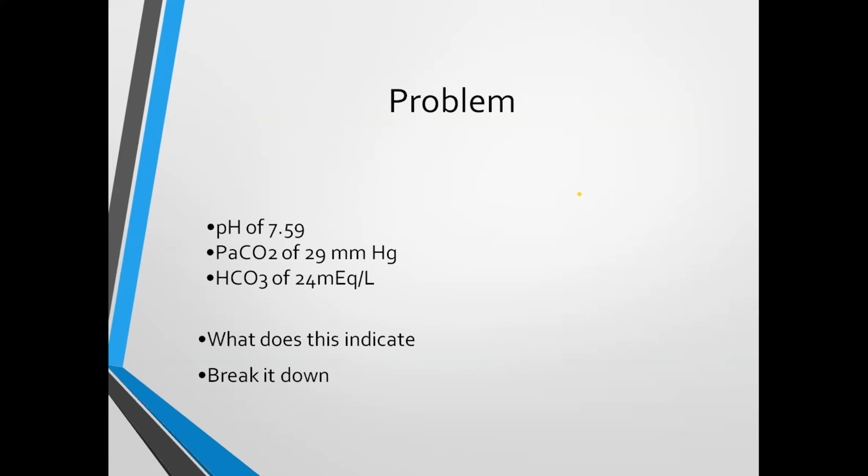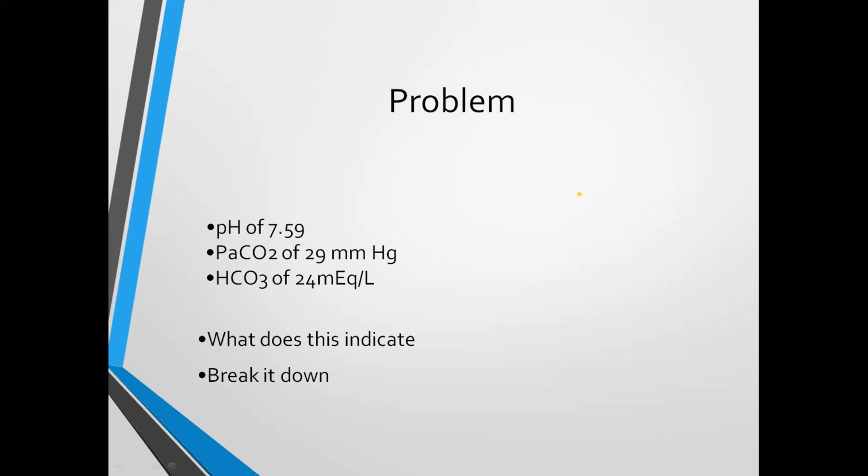Next, second problem: pH is 7.59, PCO2 is 29, and bicarb is 24. What does it indicate? First of all, look at the pH. The pH shows alkalosis, 7.59.